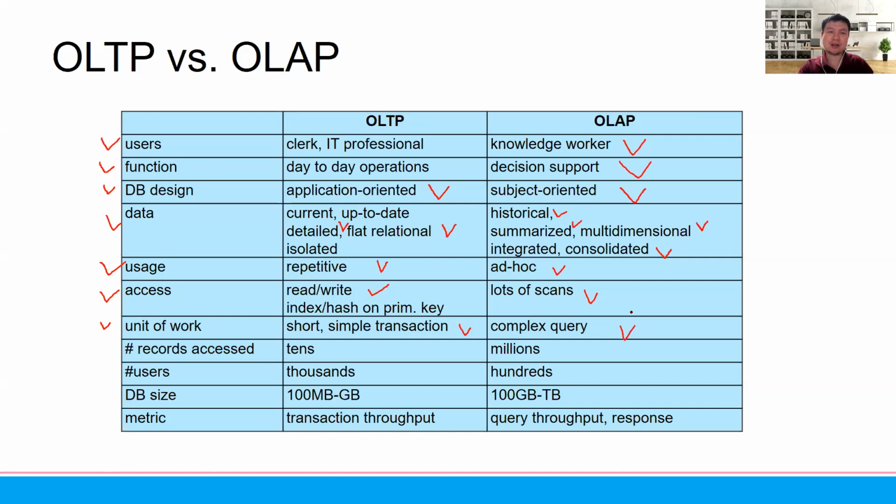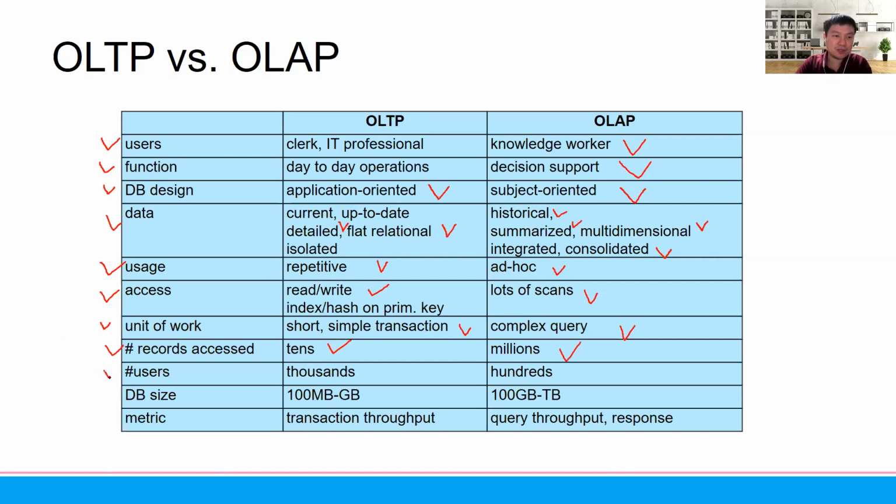So those kinds of options make the query very complex. The number of records accessed by the OLTP is usually not more than 100, because you access, then update, read, access again, update, and so on. But for the OLAP, you need to access millions of records in order to show the analysis.